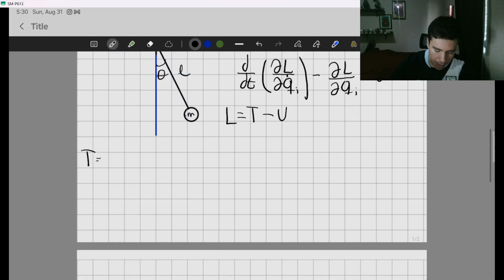So the only kinetic energy that the system has is 1/2 of mv squared.